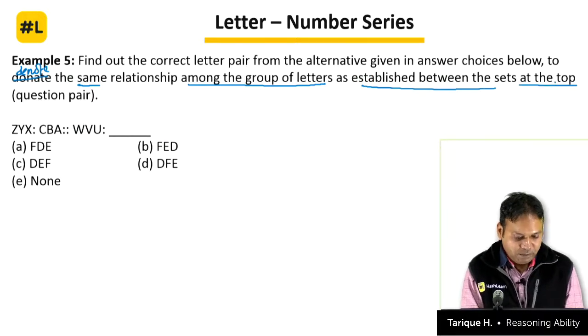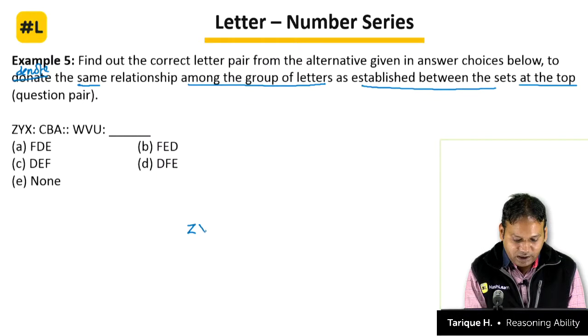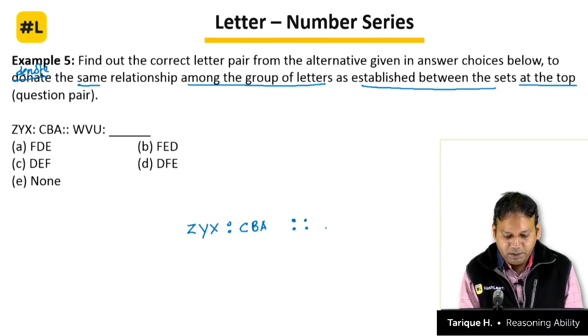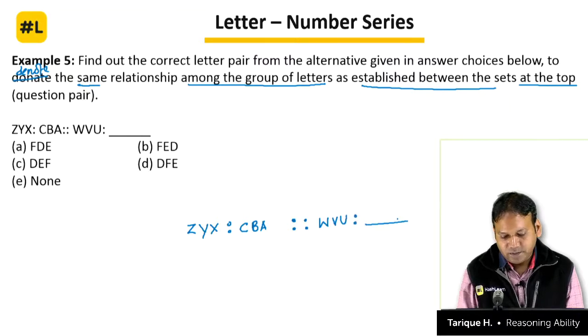That means basically we have Z, Y, X and C, B, A. There is some common relationship between the two, and the same common relationship should be between W, V, U and the 3 letters here.